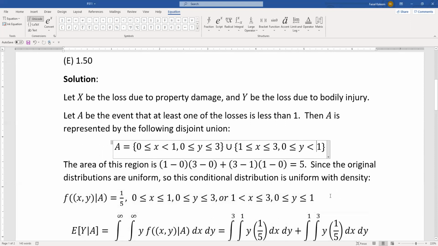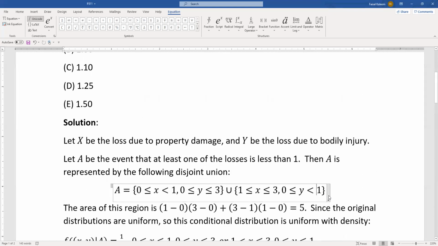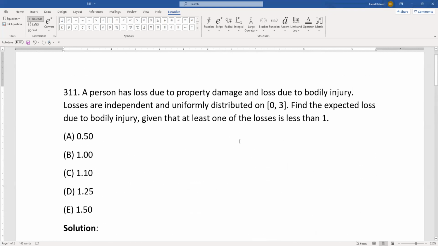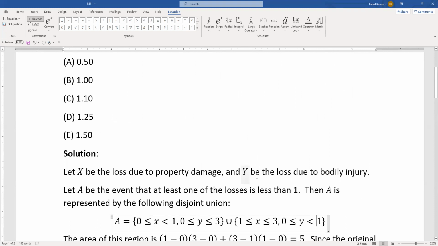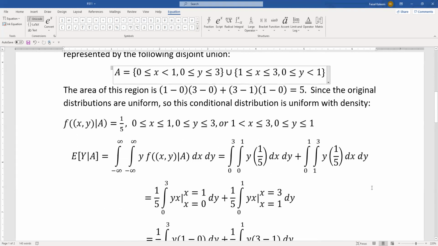So we want the expected value of Y given A, right? The expected loss due to bodily injury, which we call Y. So we want the expected value of Y given A. That will be equal to the double integral of y against the corresponding PDF, f of x,y given A. When x is between 0 and 1 and y is between 0 and 3, it's this one.